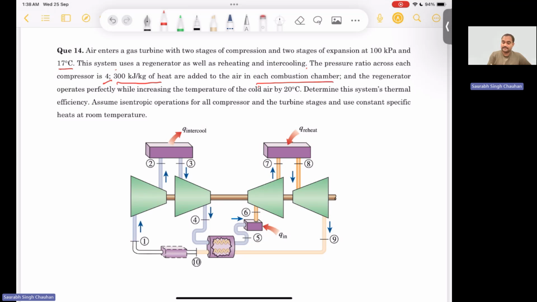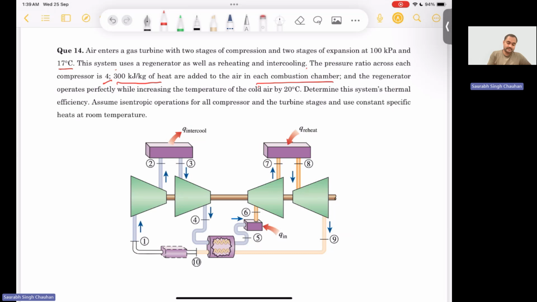The regenerator operates perfectly while increasing the temperature of cold air by 20 degrees Celsius. We have to find the system's thermal efficiency, assuming isentropic operation for all compressor and turbine stages, and use constant specific heats at room temperature.